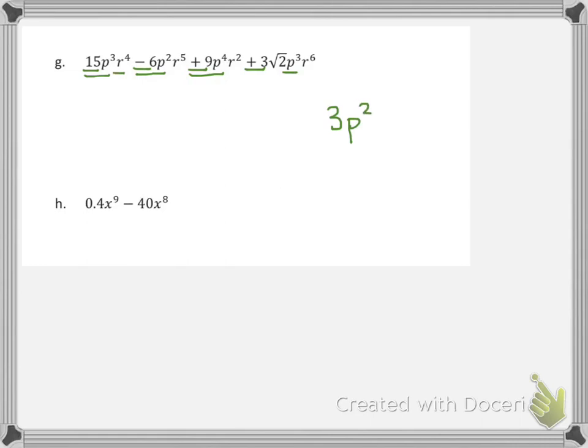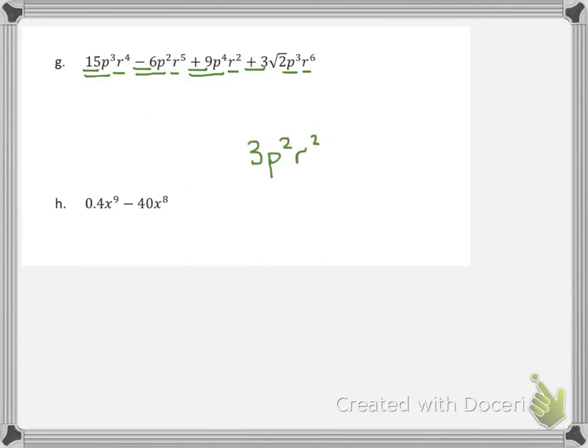There's an R to the 4th, R to the 5th, R squared, R to the 6th. They all have at least R squared in it. So R squared is also part of my GCF. All right, and I'm going to need some more room here. I'm going to move this a little bit so we've got some space.